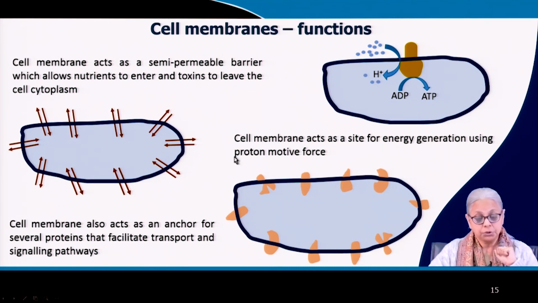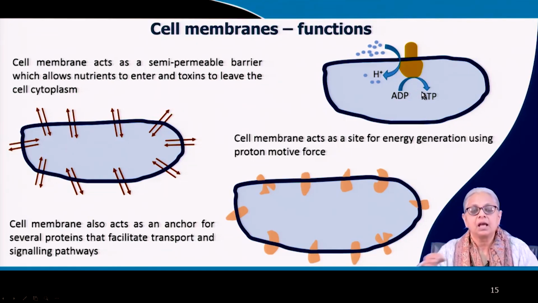I've already mentioned that it's the site for energy generation using the proton motive force. We will go into some detail about that in the subsequent lectures. Here we have ATP synthase, and this is the site at which ATP is generated, and to generate ATP you need a proton motive force. Just like your dry cell which has electron motive force, in the bacterial cell you have what is called a proton motive force.